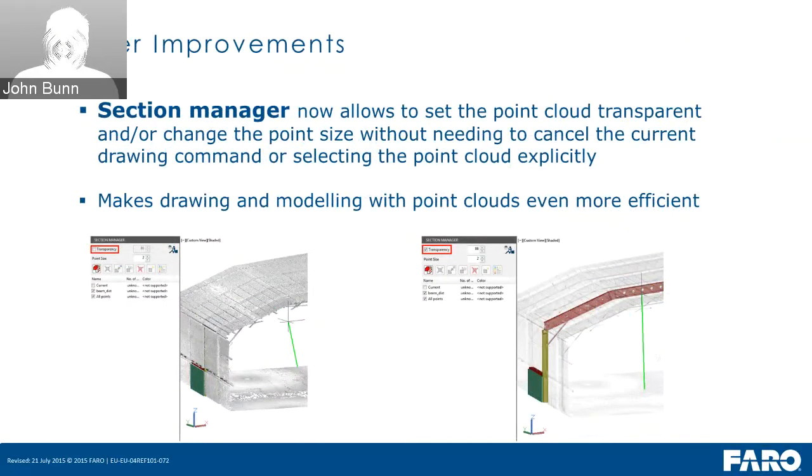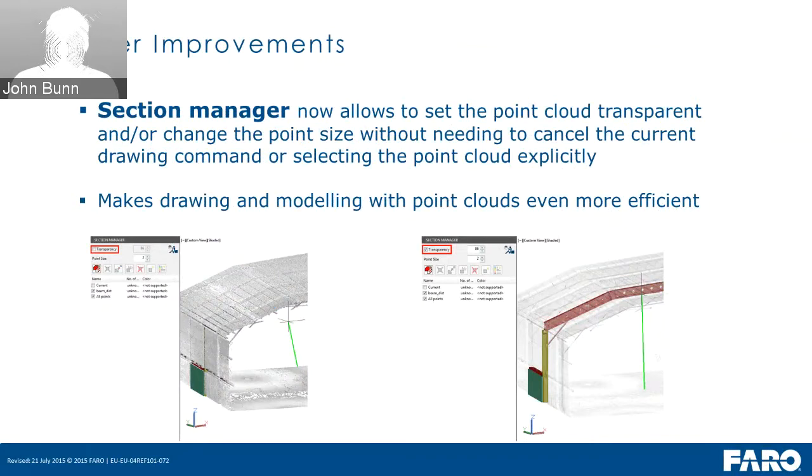Another really nice user improvement is the section manager. I'm sure a lot of you on 17.5 noticed this one almost immediately. You have the ability to change your point cloud point size directly from the section manager, which is great. And you also have the ability to set a transparency from the section manager.